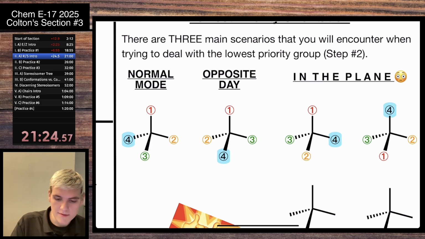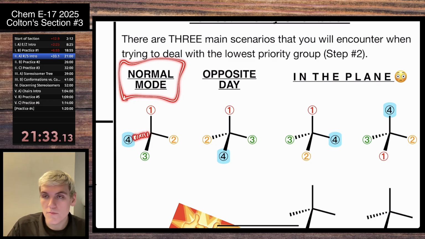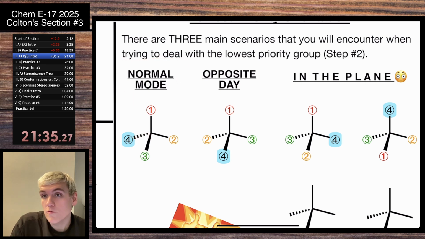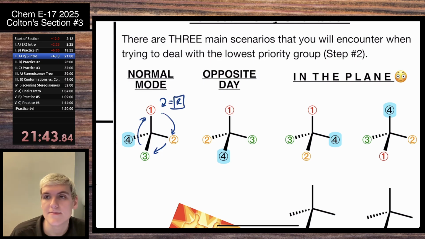So, one scenario I call normal mode. Normal mode is when our lowest priority group is going away from us. It's on a dash. And so, this is exactly what we want for our rules of R and S naming. So we can just trace 1 to 2 to 3. It's clockwise, so we know that this is an R stereocenter.